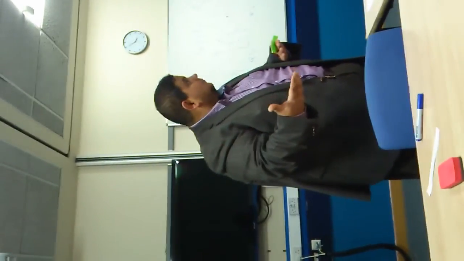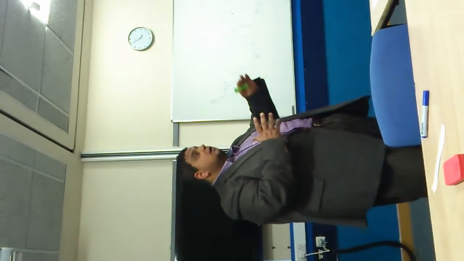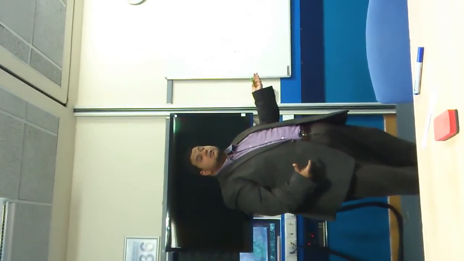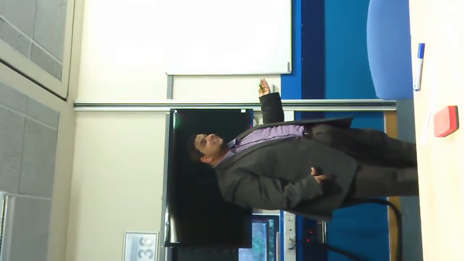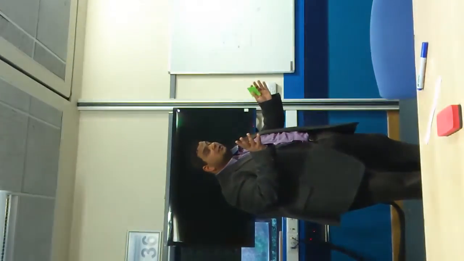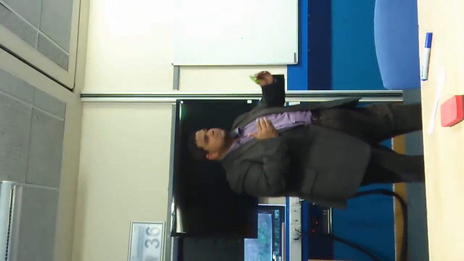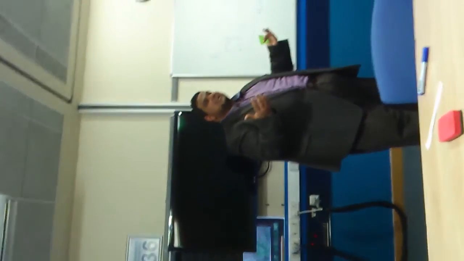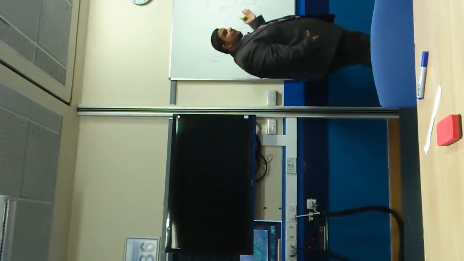So when coffee becomes more expensive, will the demand curve for tea shift right or left? If coffee became more expensive, will people buy more tea or less tea? More tea, exactly. Thank you very much. So that will shift the demand curve to the right.